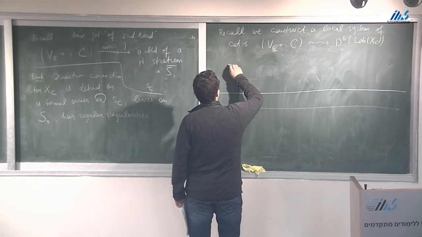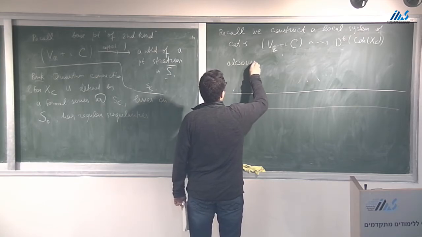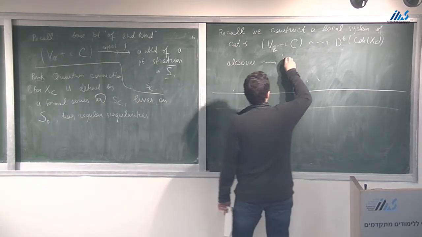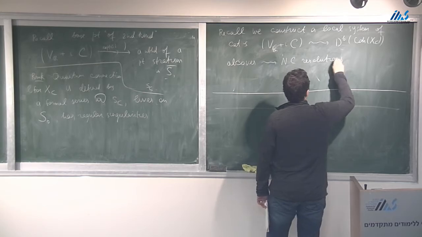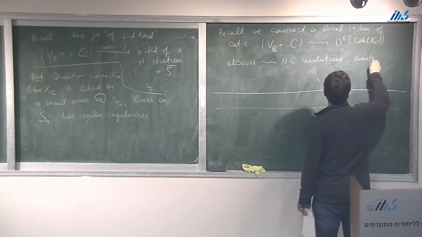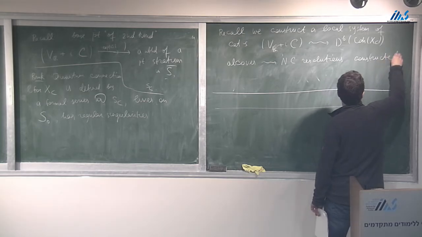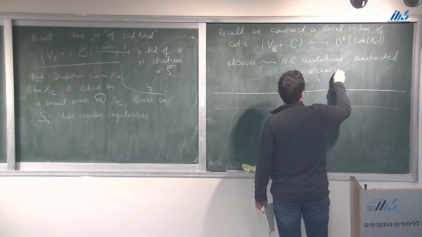And so Alkovs correspond to these non-commutative resolutions. And I want to construct it via characteristic P quantization.